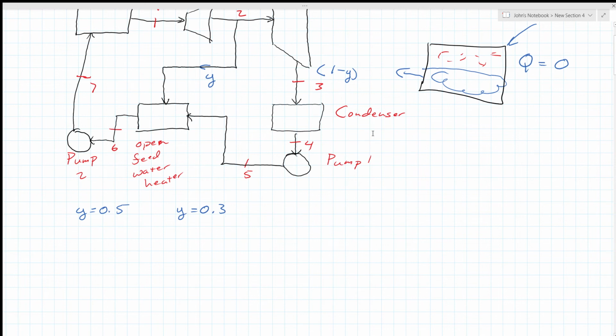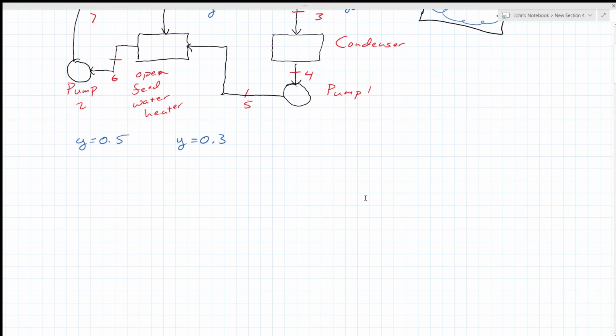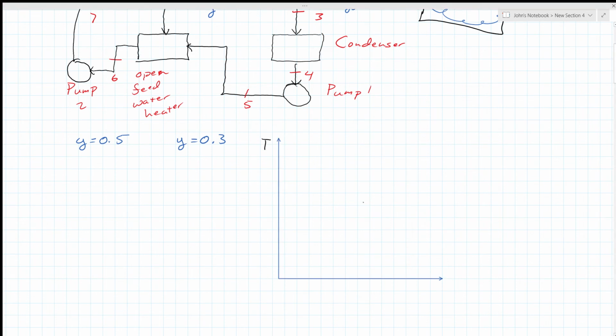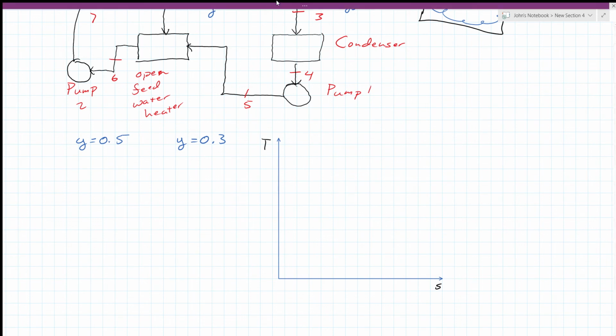let's create our TS diagram. Like always, we should always create our TS diagram. So here we go, TS diagram. Let's make this black, and then let's create our dome.